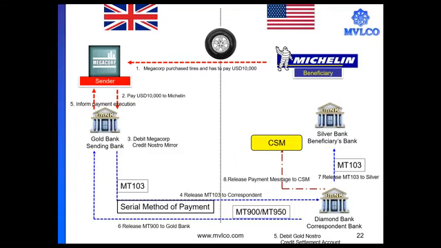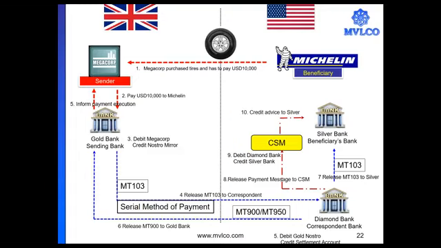At Fedwire or CHIPS, Diamond and Silver would have their participation, their accounts. When this message is received by Fedwire from Diamond Bank, Fedwire will debit Diamond Bank at the master account at Fedwire and credit Silver Bank's master account again at Fedwire and forward that completion of the transaction, the settlement of the transaction to Silver Bank.